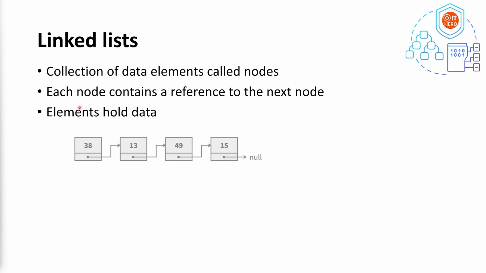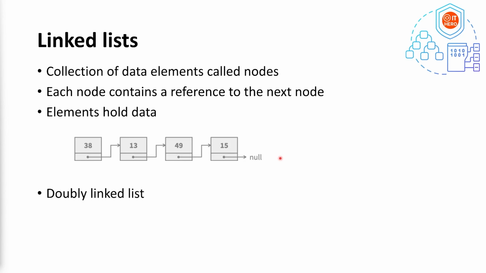This first element is the head element, the starting point when searching. The value is 38, and in the node we also have a reference to the next element, and the last element has the pointer to null because it isn't followed by any other node.